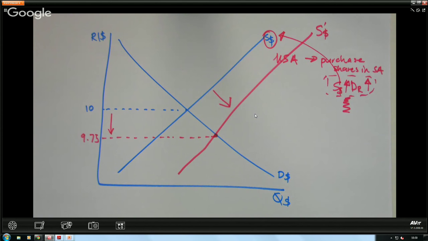Why did that happen? Because there was a transaction in the financial account, foreign direct investment to South Africa, bringing foreign exchange into the economy, increasing our reserves. What are the reserves? Reserves are gold and foreign exchange. Forex, valuta. Right, you with me? You're following this. This is easy as it is.